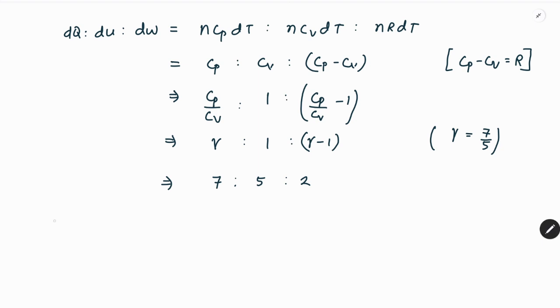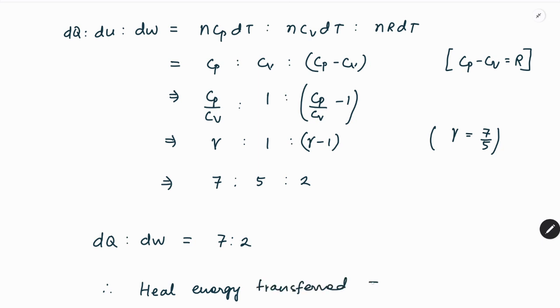So dQ is to dW is equal to 7 is to 2, and since work done is 2 joule, from this ratio we can say that the heat energy transferred is 7 joule. So this is the final answer for this problem number 2.30.